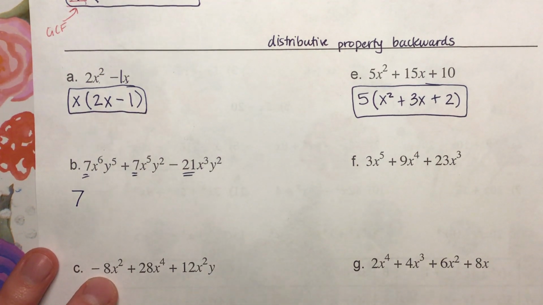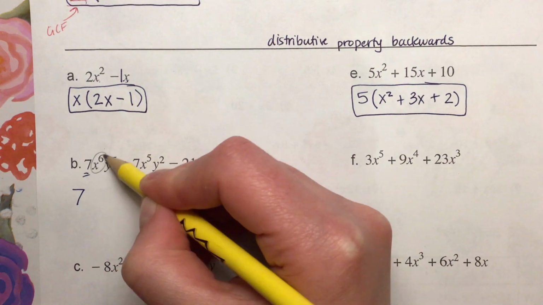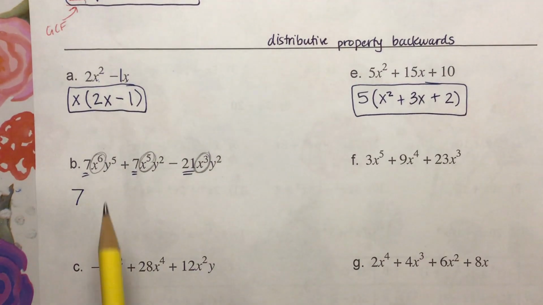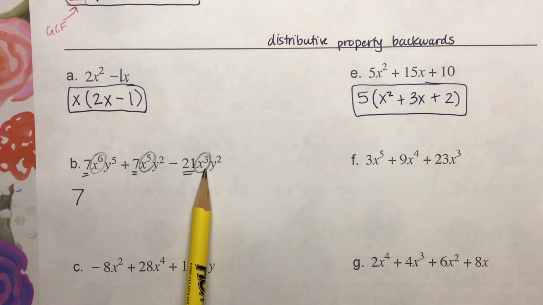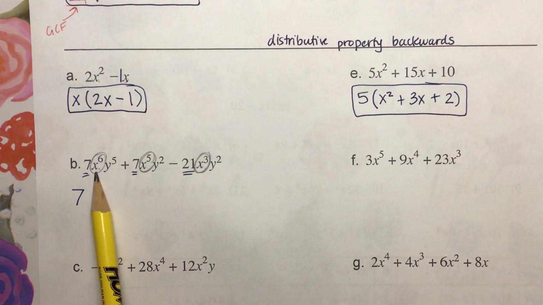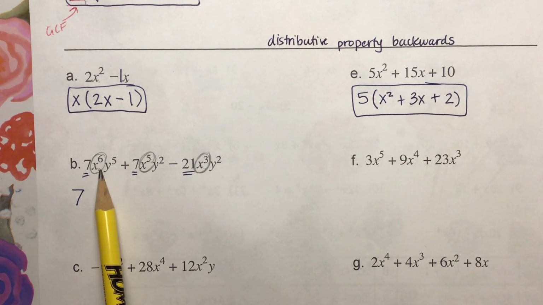Now I want to look at the x's and the y's, but do each one of them separately. I have x to the 6th, x to the 5th, and x to the 3rd. The shortcut is to just look at the smallest exponent, and that's what you're going to pull out. But I want you to remember, x to the 6th means x times itself 6 times.